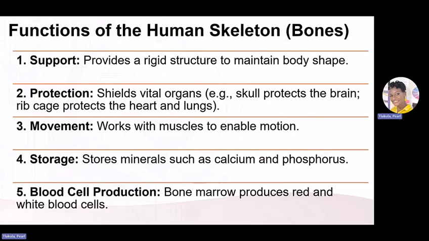The first is support. The second is protection. The third is movement. The fourth is storage. The fifth is to produce blood cells, the red and the white. Did you get that? Okay, let's move on.